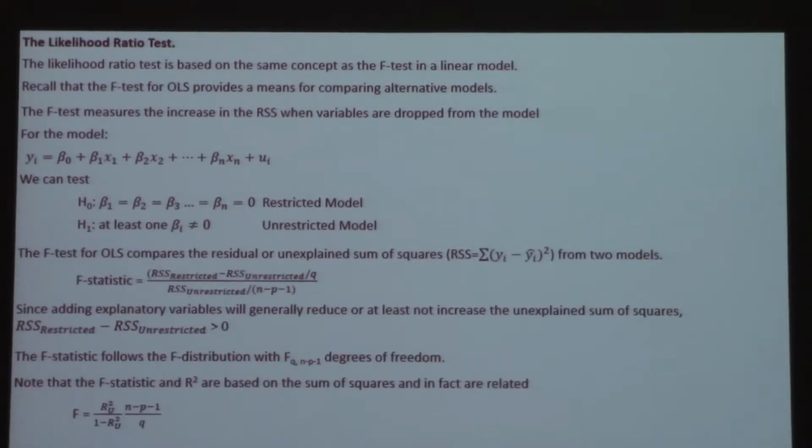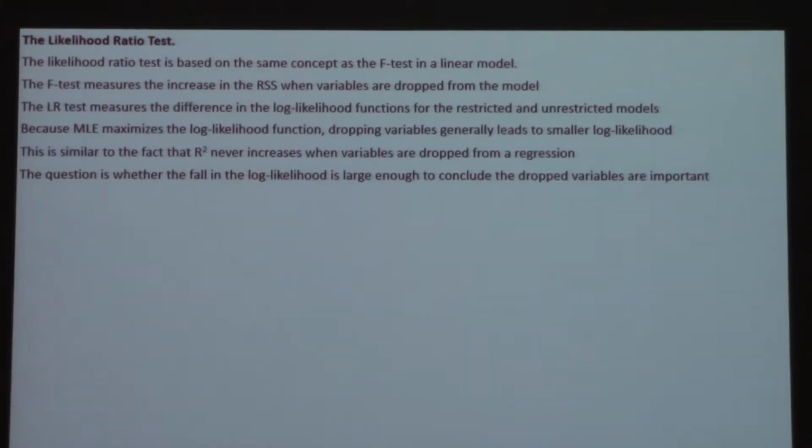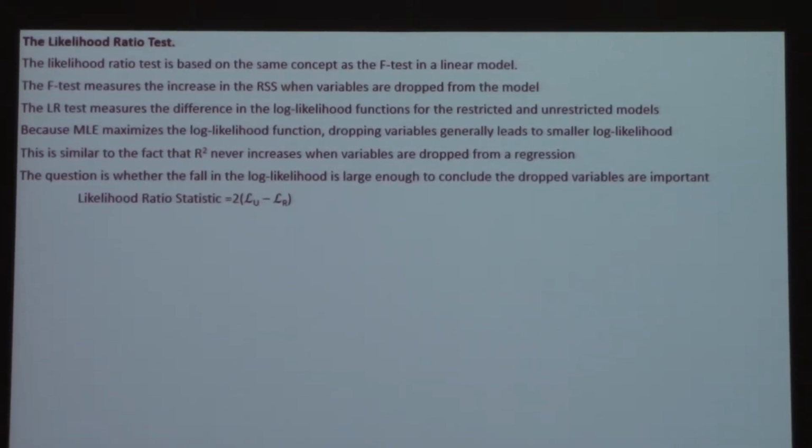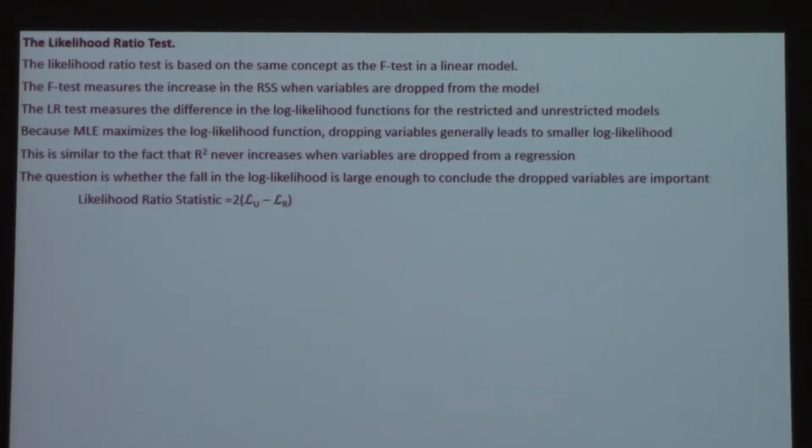That was our F statistic, F test. For the likelihood ratio statistic, instead of that big ugly formula, we basically take the log likelihood from the unrestricted model, LU, subtract it from the log likelihood of the restricted model, LR, and multiply it times 2. It's a pretty simple test.